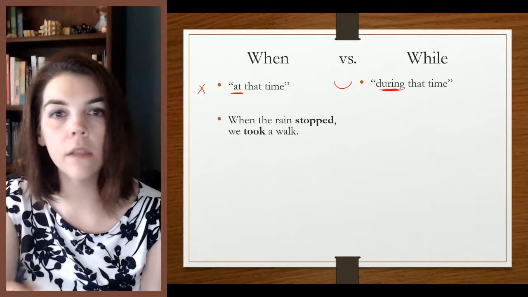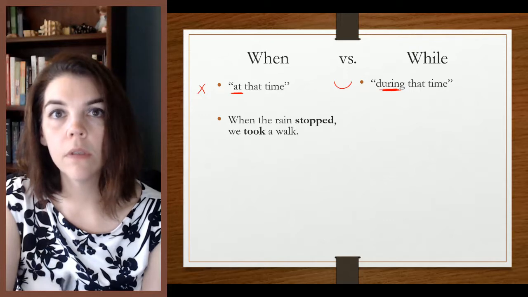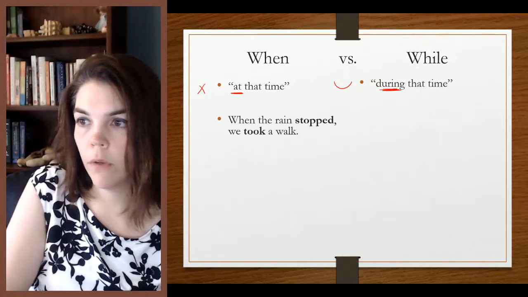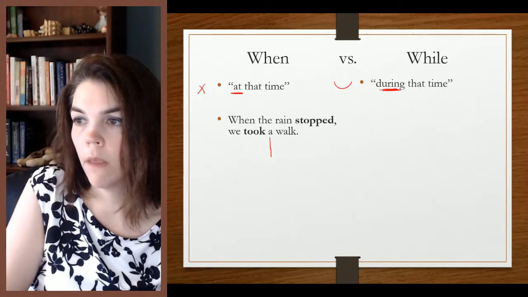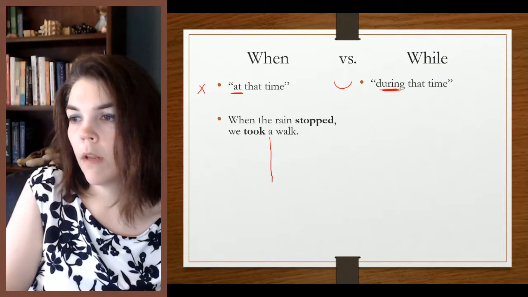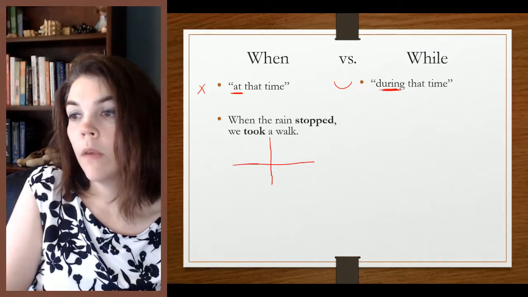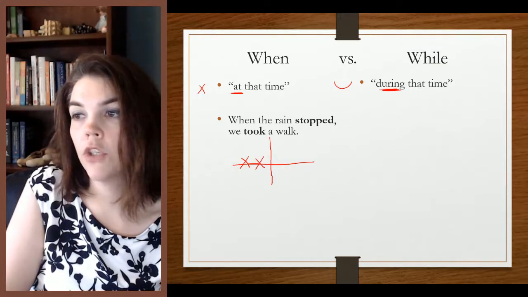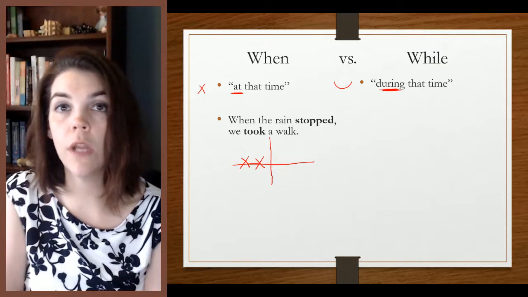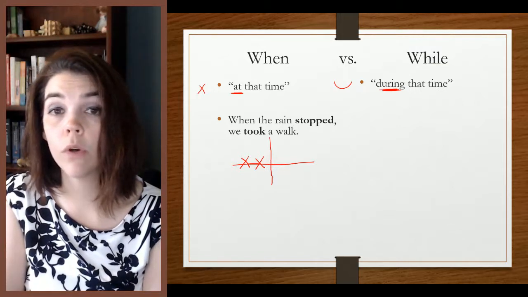So what does that look like in your head? I'm going to graph it out for you so you can kind of see. So I'll even make it a little bit bigger. Okay. So we have one action happened and then another action happened. Which action happened first? Stopped or took?